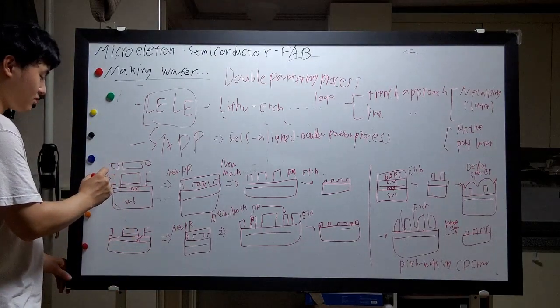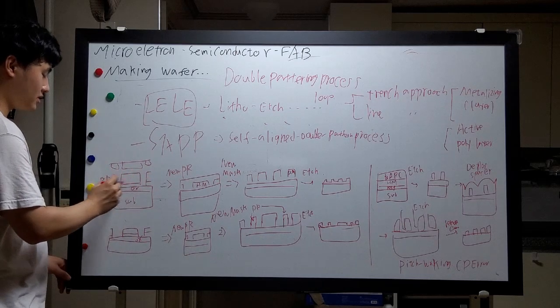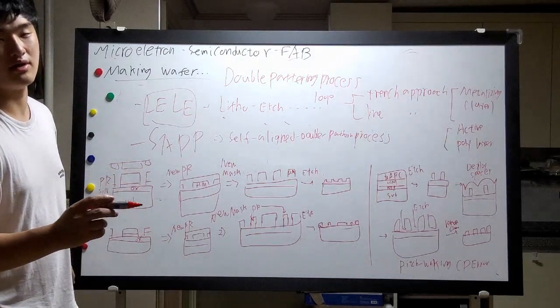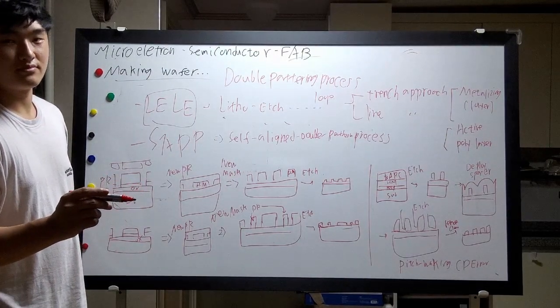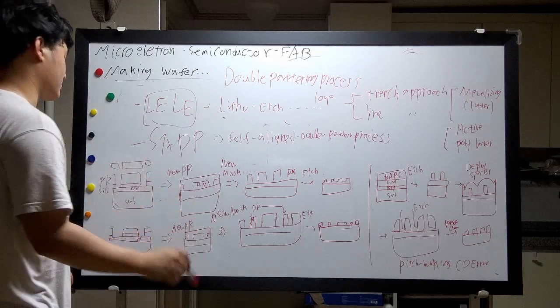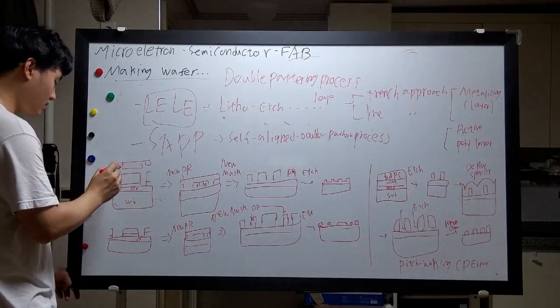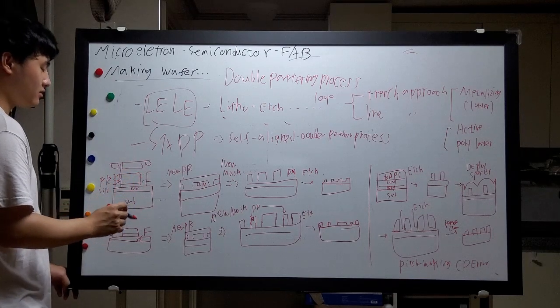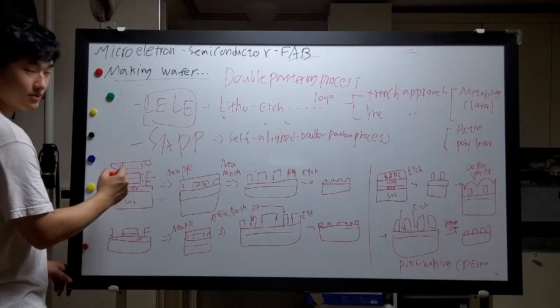So let's say we set the pier layer and the hard mask, which can be silicon nitride or silicon oxynitride. The positive here will be the breakdown, and then we remove the pier.